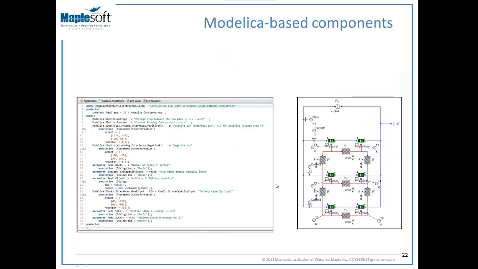To sum up, the battery component library is described using the Modelica modeling language. A causal modeling approach for the battery allows the physics laws to be embedded within the battery components. So for the battery component in MapleSim, you don't have to worry about the equations inside each component.